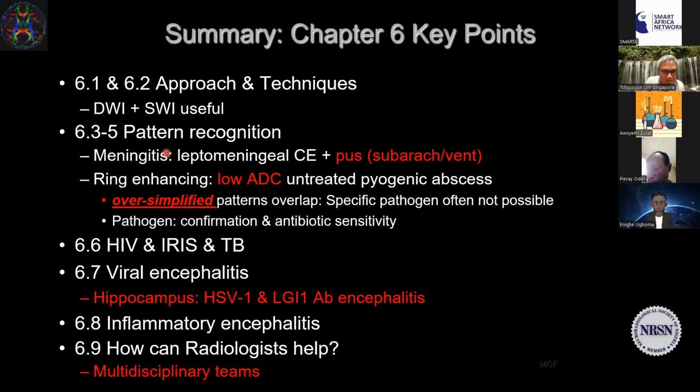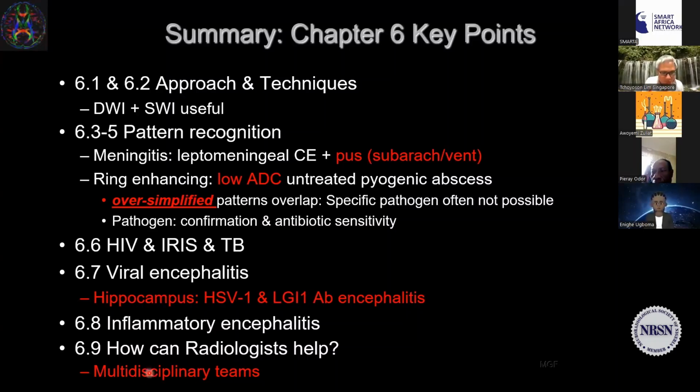We can detect meningitis and small amounts of pus. Use the ring-enhancing low ADC, and be aware of the overlapping patterns, particularly in hippocampus high signal intensity, that distinguishes herpes and LGI1 antibody immune-mediated encephalitis.